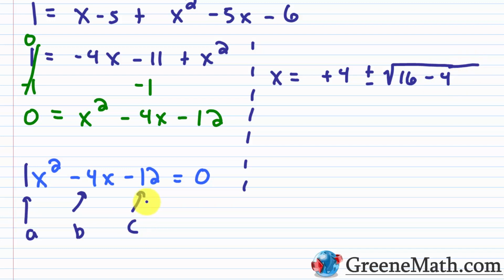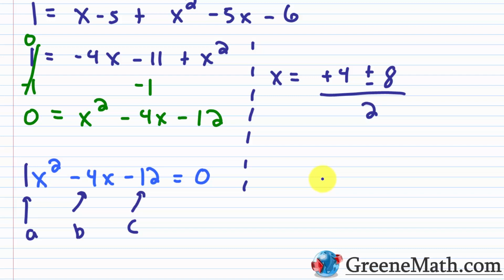So you basically have negative 4 times negative 12, which is going to be positive 48. So 16 plus 48 is 64. If I took the square root of 64, I would get 8. So this is an 8 right here. And this is over 2 times A, which is 1, so just over 2.